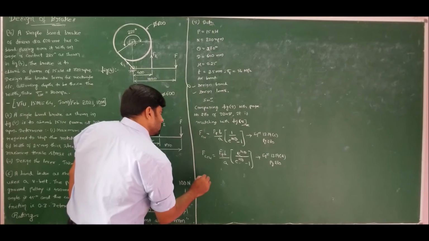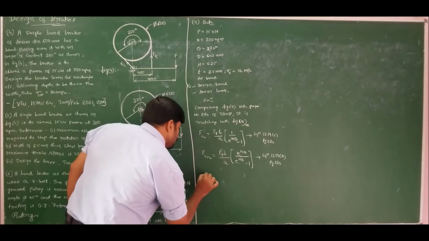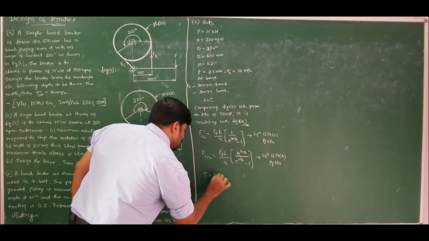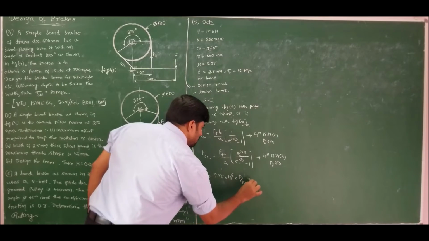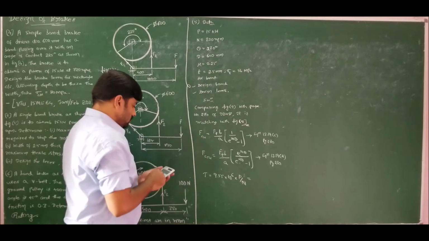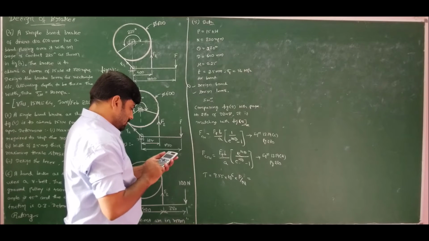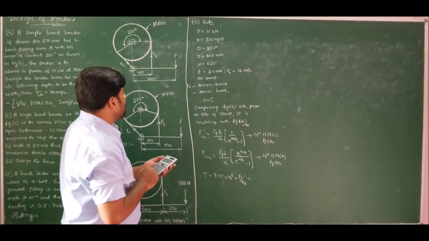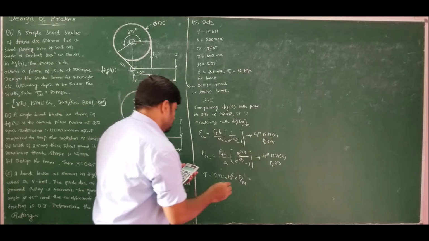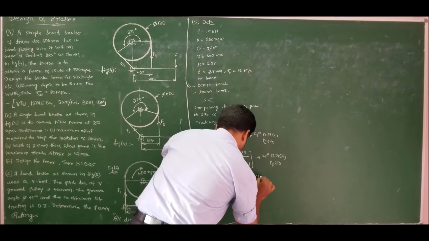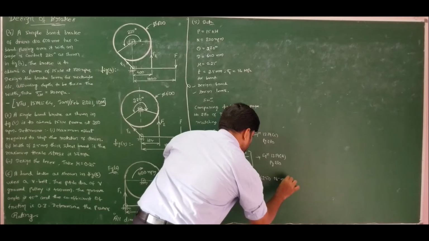Now I can determine the value of Ft by using torque. We know that torque T is equal to 9.55 into 10 to the power of 6 into P by N. Because power and rpm are known, power is 15 kilowatts and N is 200, the torque will be 716250 newton millimeters.